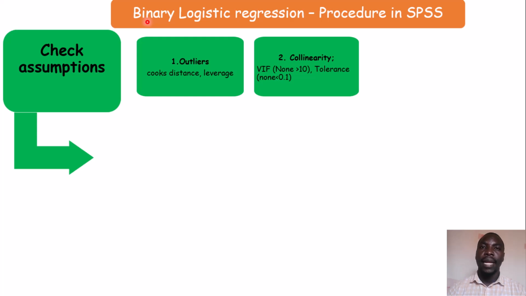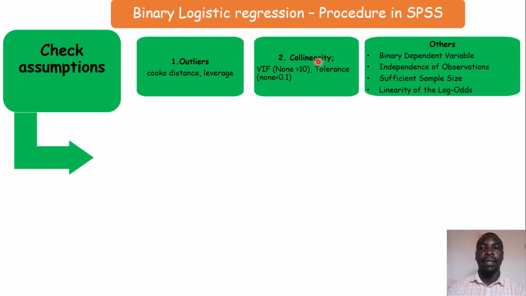Logistic regression analysis is highly sensitive to outliers and collinearity, having a strong correlation amongst the predictors or independent variables. But additionally, we also have other assumptions that we test in binary logistic regression.